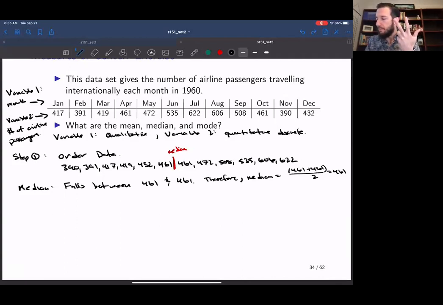Now, across the 3, the median is actually the only true measure of center, right? The mean will be at the center if the shape is symmetrical.